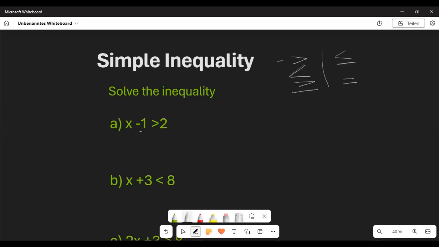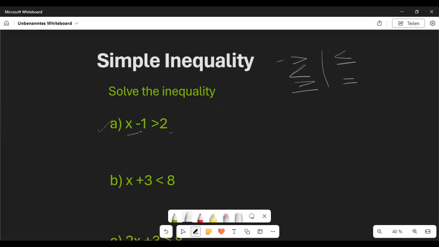Question 1 is x minus 1 is greater than 2. Since we have minus 1 here, we're going to add 1 to both sides, the left side and the right side, so that we get the value.